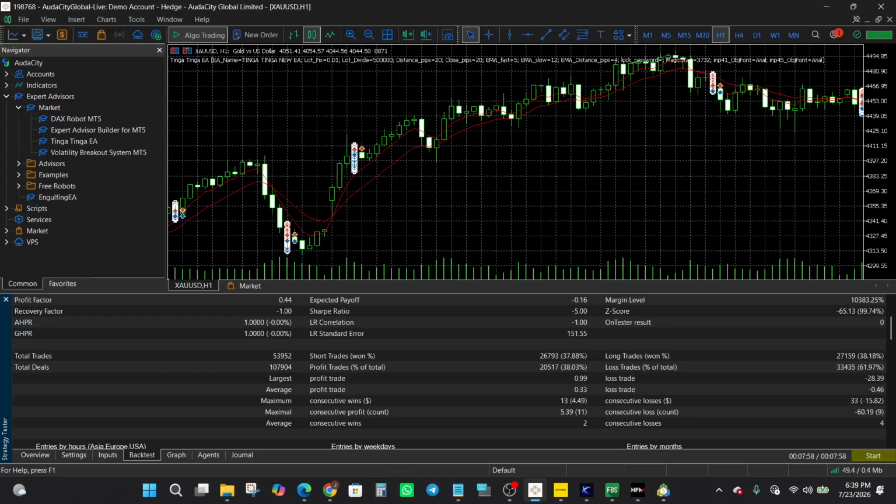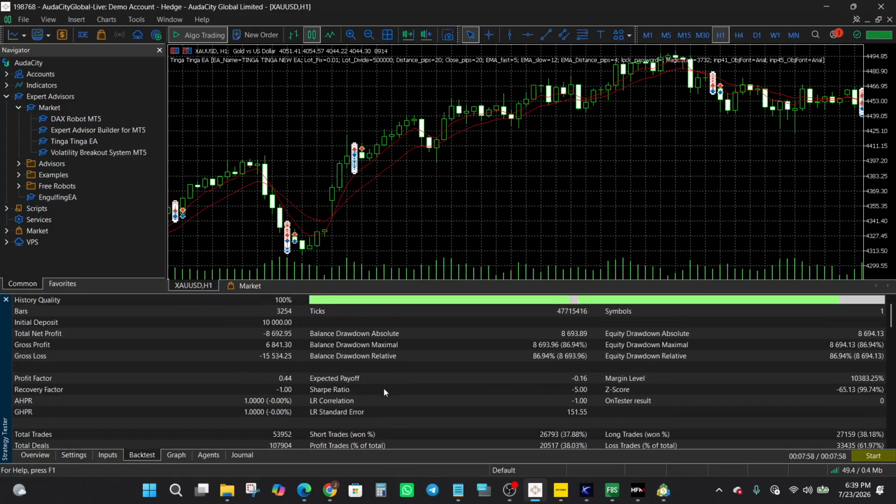Overall, Tinga Tinga EA offers a fully automated approach that combines scalping and trend following concepts with adjustable money management settings. However, based on the historical backtest results that we have seen, the tested configuration experienced substantial drawdown and finished the testing period with an overall loss.